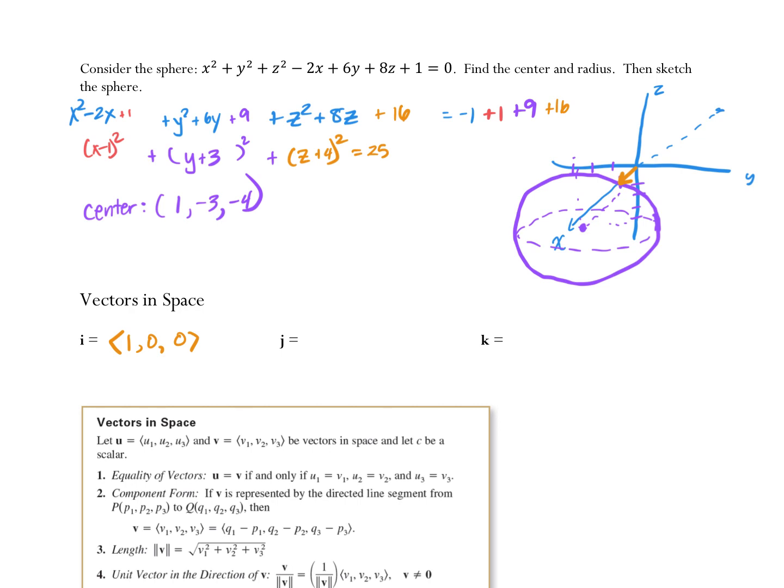j is going to still have the second component being 1 in the y direction, so that would be the equivalent of this vector. So this one's i, this one's j.